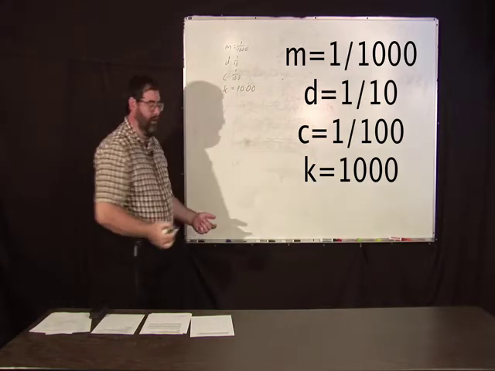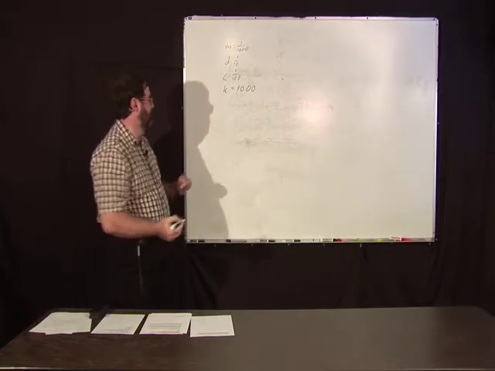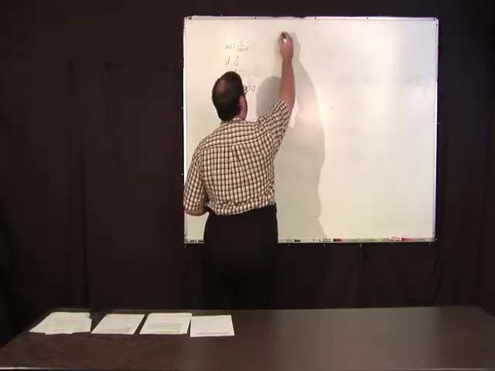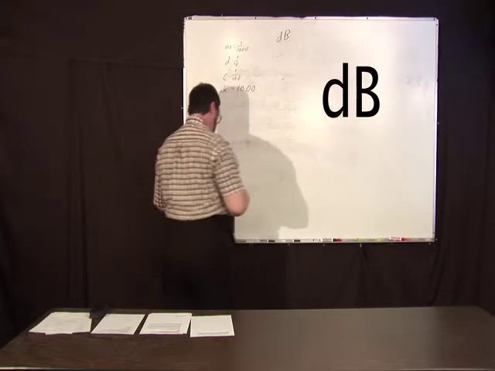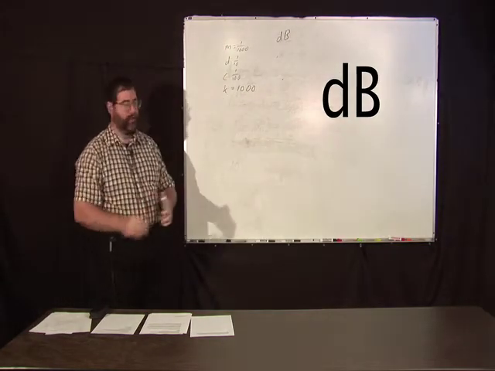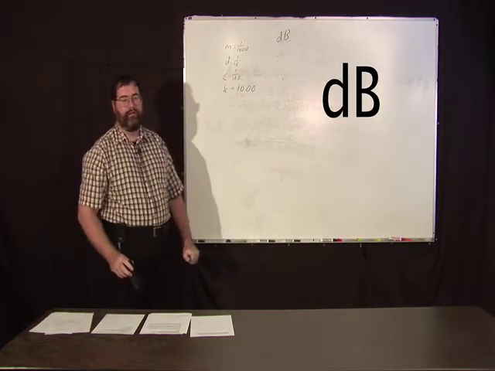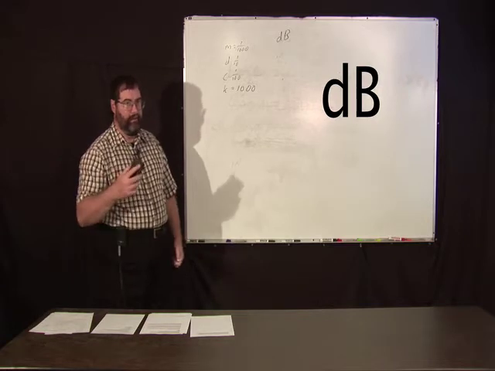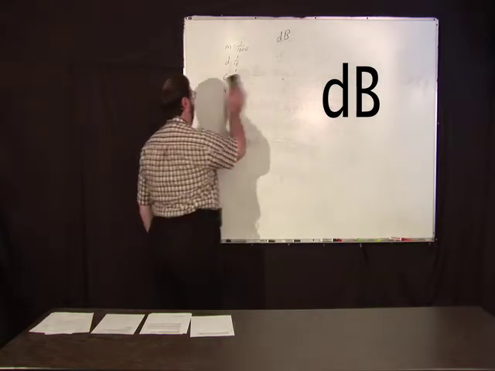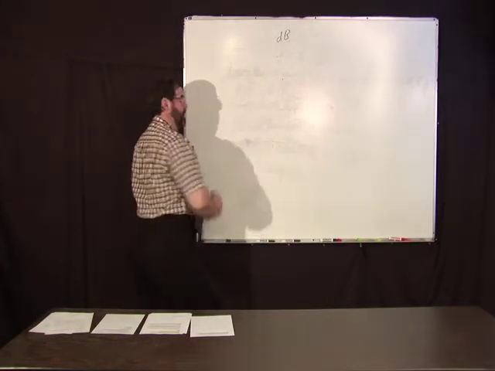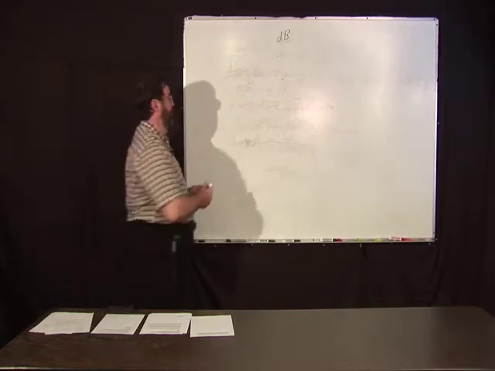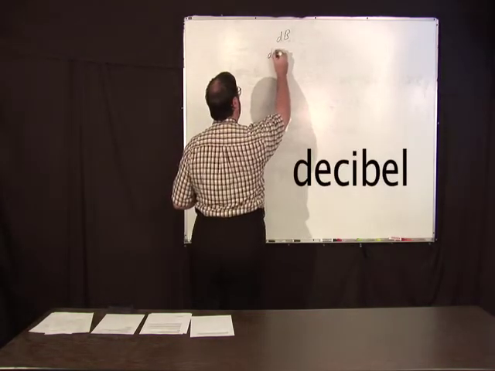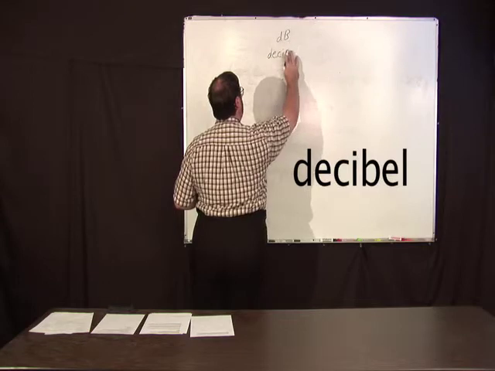So a decibel is just a tenth of a bell, written dB, small d, capital B. The capital B is because it's named after a person. However, when you write out decibel, it's all lowercase.